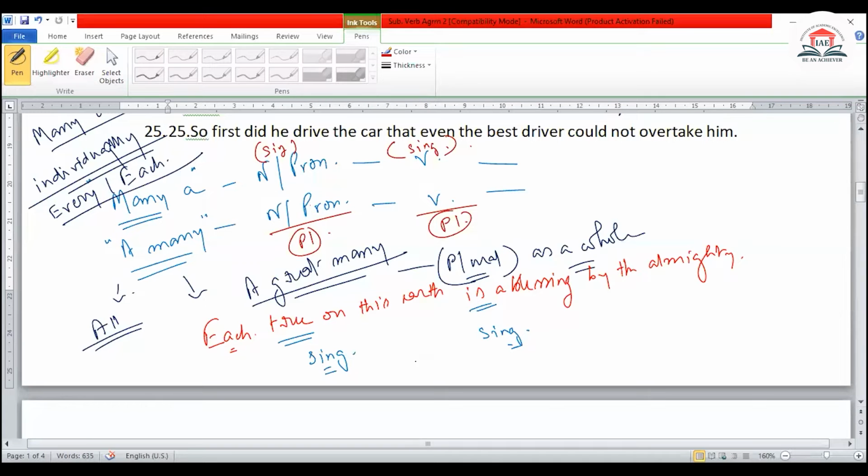That is, each of the trees is a blessing from the divine Almighty.